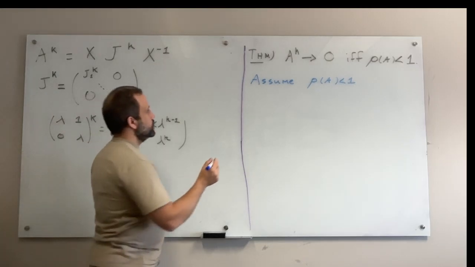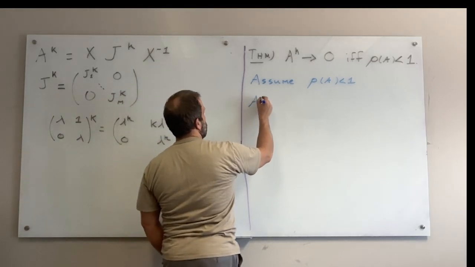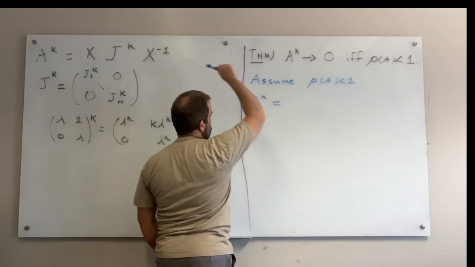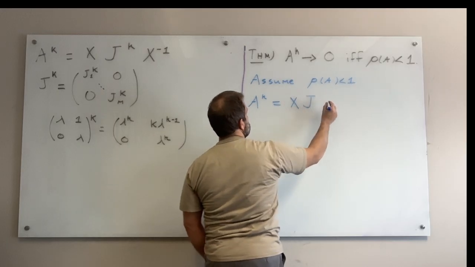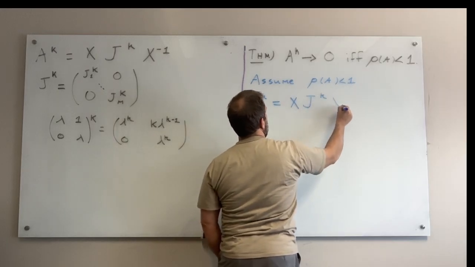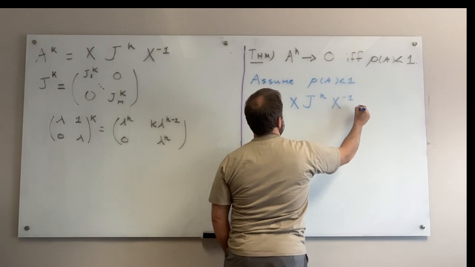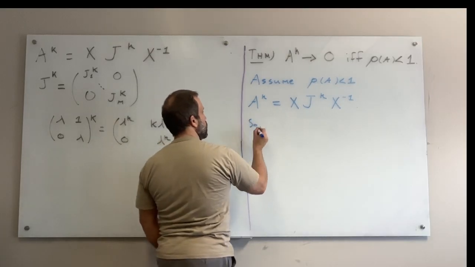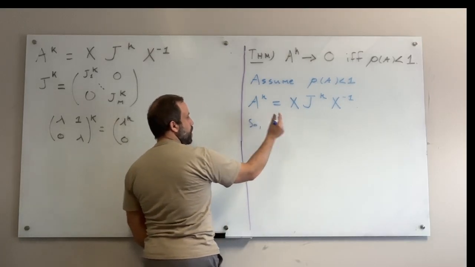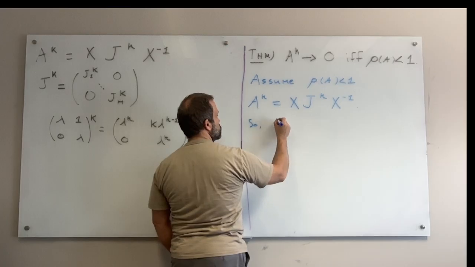Okay, so A to the power of k, using what I have over here, is equal to X times J to the power of k times X inverse. So, if I want to show this goes to 0, it's enough to show that J^k goes to 0.